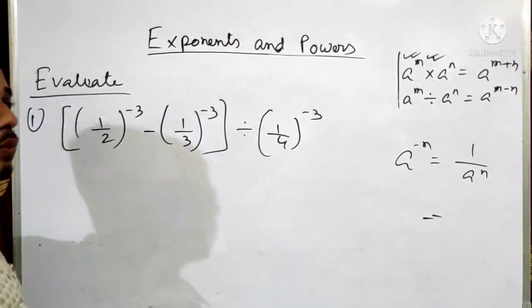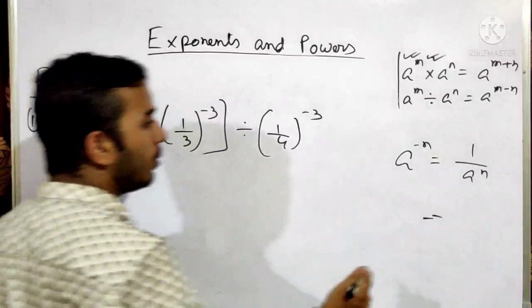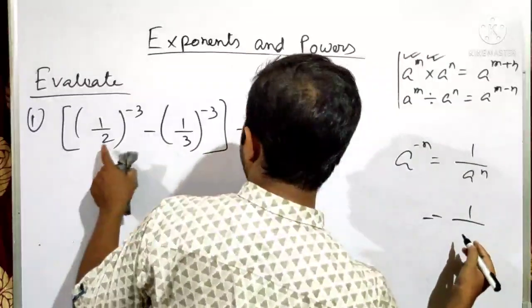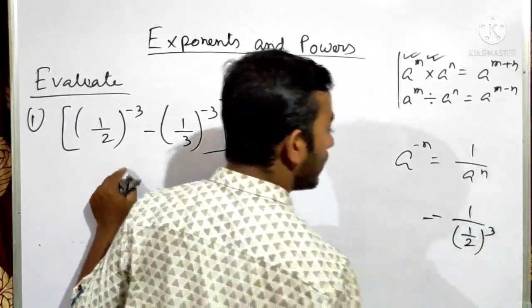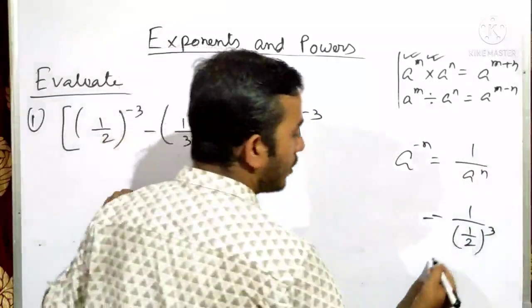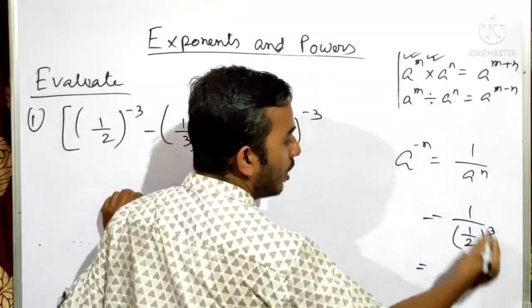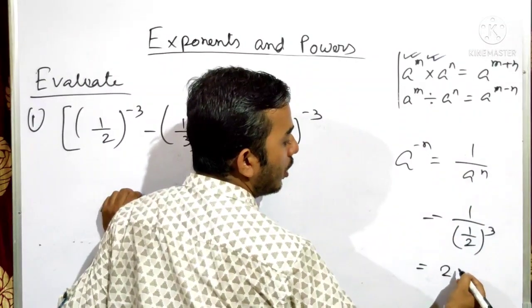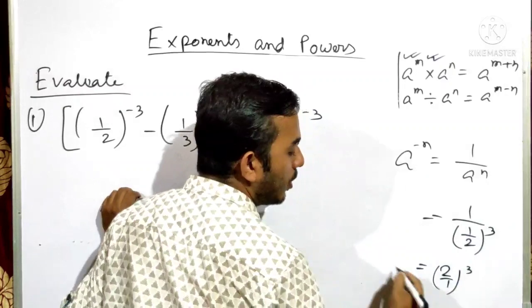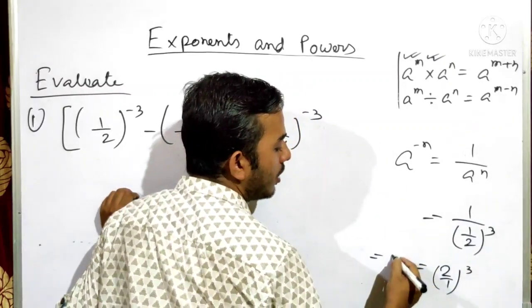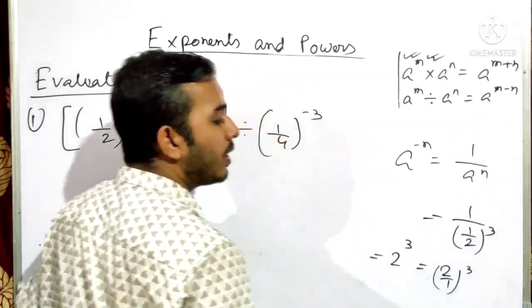In this case a is 1 by 4, isn't it? So for example it will be 1 by 2 power 3. So now this 2 will go with the reciprocal, 2 will go in the numerator, so it will be 2 by 1 power 3. In the denominator we no need to write 1, so directly we will write 2 power 3.